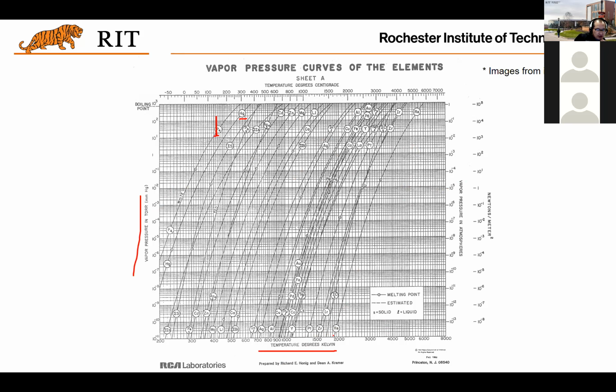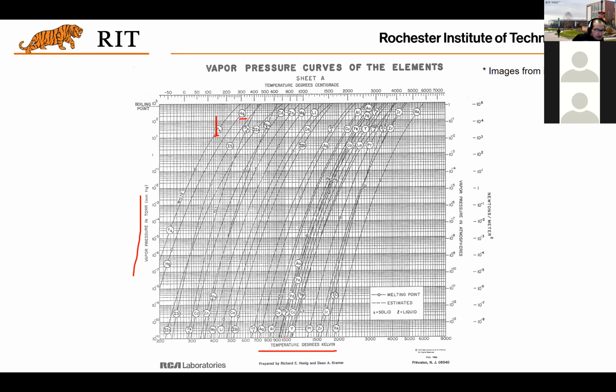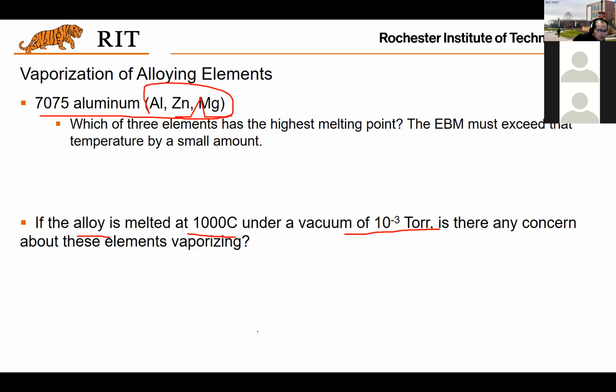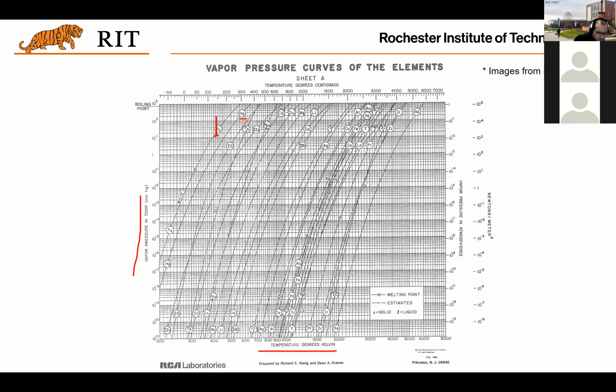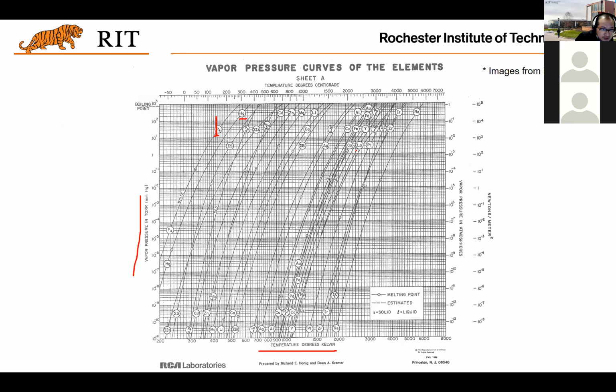For example, in this case, you have 1,000 Kelvin, 1,000 C, and also a vacuum pressure of 10 to the power of -3, and it turns out you can find what the element is here. It doesn't specify, but let's see, it's aluminum, where is it here?